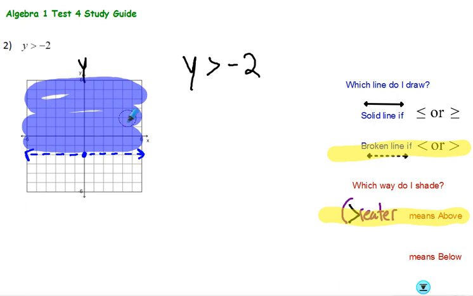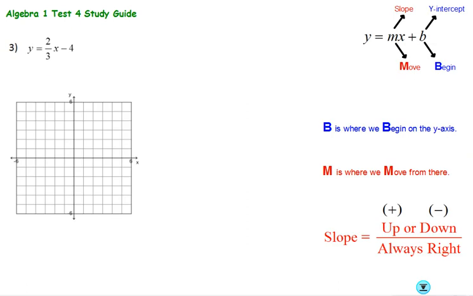All right. Well, let's go ahead and take a look at number 3. So now this one's a little bit different. This says y equals 2/3 x minus 4. You notice the first two: on number 1, it was just x and a number, and on number 2, it was just y and a number. What you notice differently about number 3 is that there's both an x and a y. Well, what that's called is slope-intercept form.